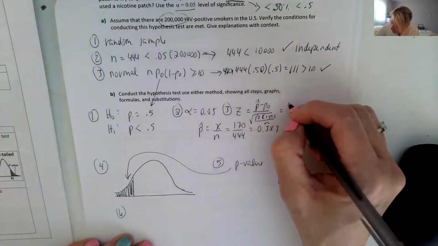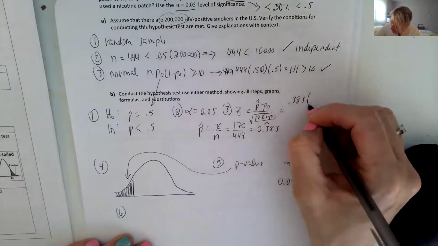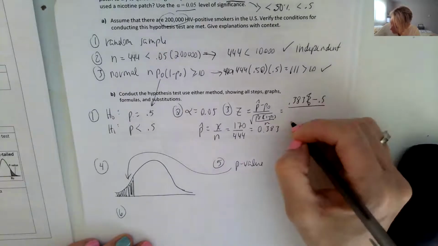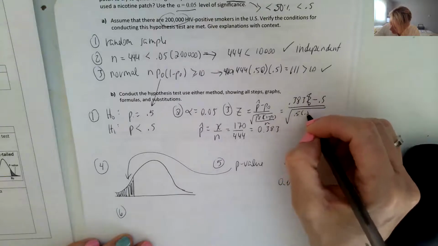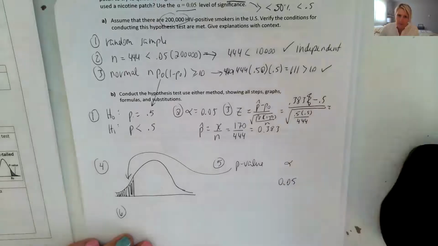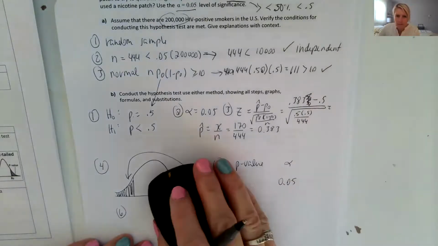So we have 0.383, whoops, no, sorry, subtracting 0.5, over 0.5 times 0.5 over 444. It's not supposed to be a parenthesis.